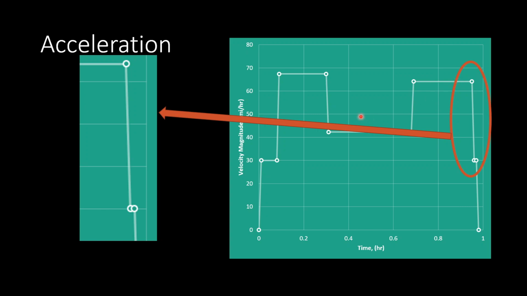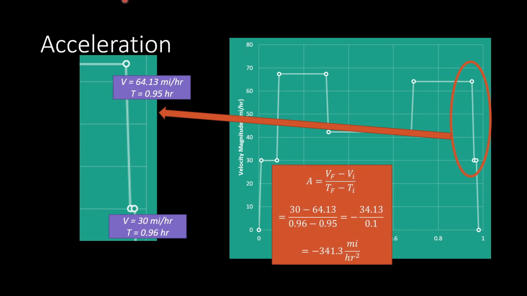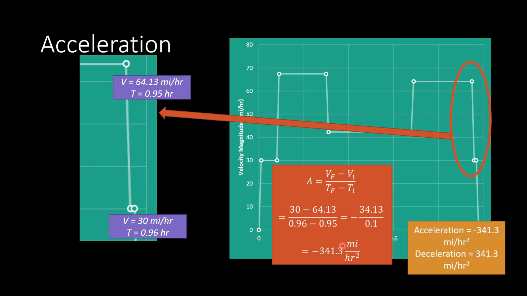If I were to move on to the next slide, and note this leg of the journey, what I've got here is my velocity is changing, but I'm reducing speed as the time increases. So what happens is that I've got a negative acceleration of 341.3 miles per hour squared. Remember, I had asked you what is the acceleration and what is the deceleration in the last assignment that you did. Well, acceleration is negative 341.3 for this little part right here, whereas my deceleration is simply, I remove the negative sign.